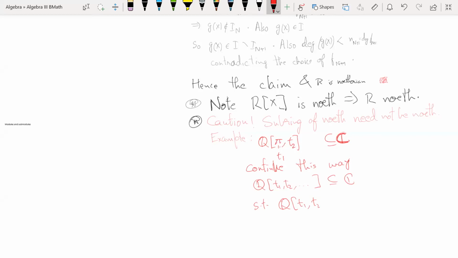Q[T1, T2] is isomorphic to a polynomial ring over Q[T1] in one variable, so it will be a polynomial ring. More generally, the i-th ring is isomorphic to a polynomial ring in i variables. So the subring I have chosen, let's call this R, is isomorphic to a polynomial ring in infinitely many variables.